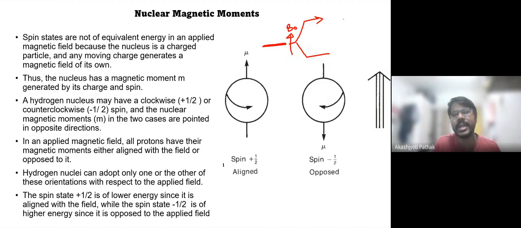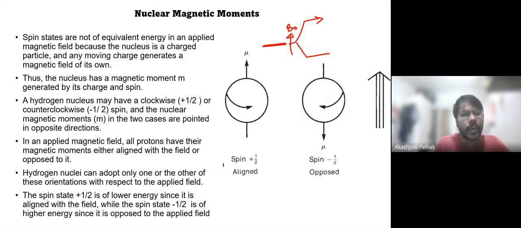The states that we talked about in the previous slide, like a proton nucleus can have 2 states, are not having the same energy. Similarly, chlorine has 4 spin states, and these 4 spin states are not of equivalent energy in the presence of an external magnetic field.